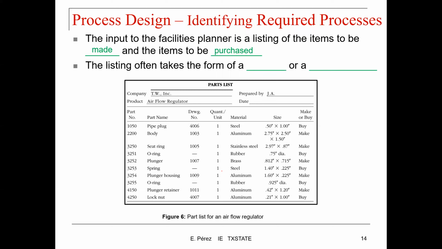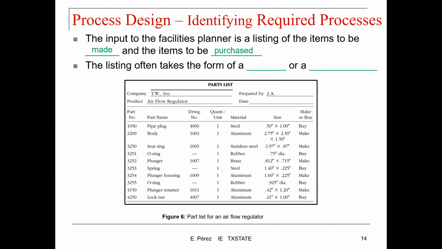I need to know what are the things that we are going to be making in-house, and what are the things that are going to be purchased. Even if I'm not going to be making them in-house, I need to make sure that if they're coming from somewhere else, I'm providing space for receiving those items and providing space for storing those items, and an easy way for accessing those items when they're in-house, and so on.